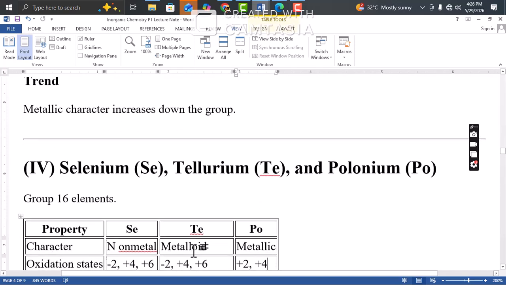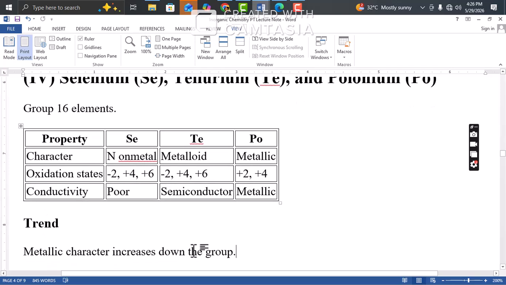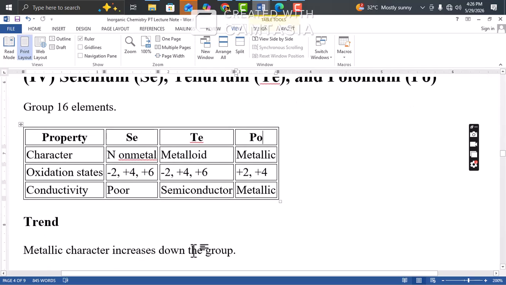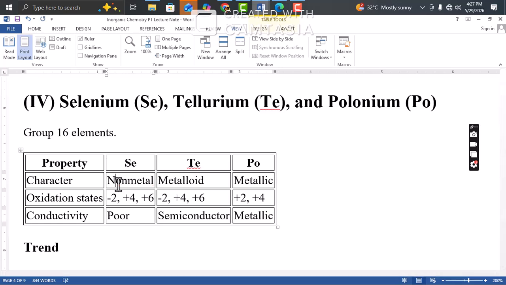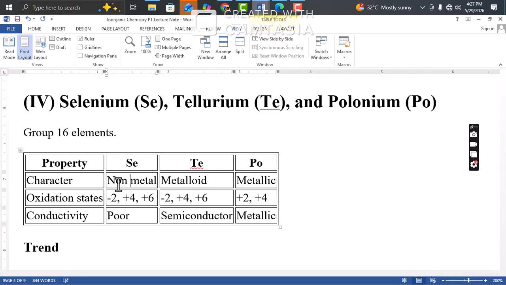Now on to group 16. We are going to be looking at selenium, tellurium, and polonium. These are the three properties. For metallic character, selenium is a non-metal, tellurium is a metalloid, while polonium is metallic.